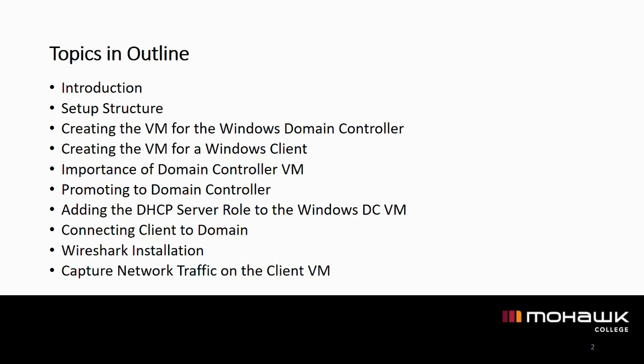Setup structure shows the whole system structure. Creating the virtual machine for the Windows domain controller and creating the virtual machine for a Windows client. We need to create at least two virtual machines, one for the domain controller and one for the client. But client virtual machines can be more than one machine.